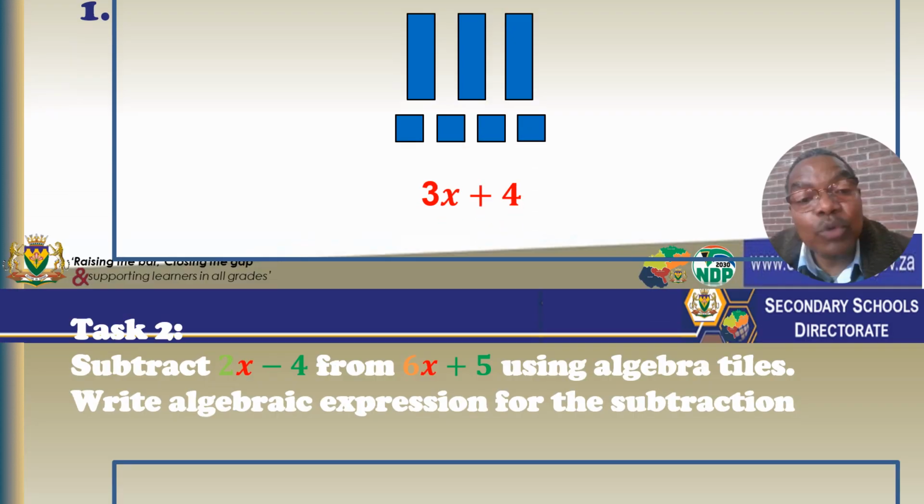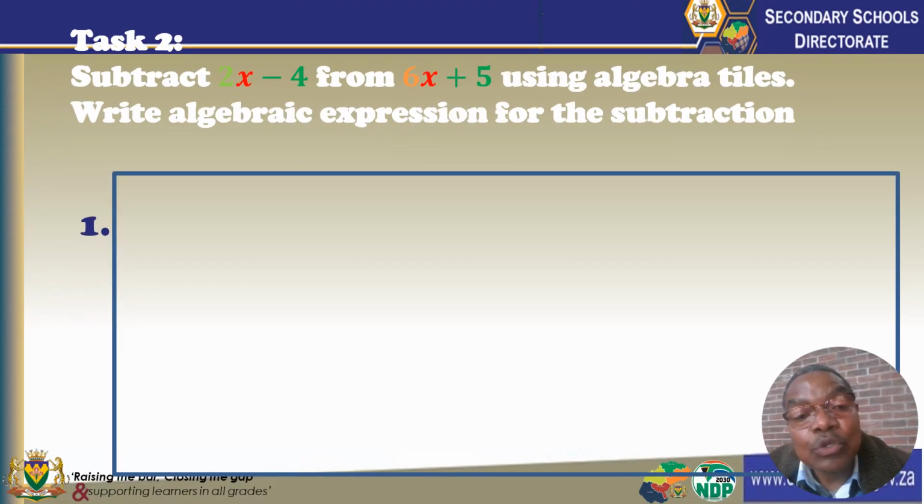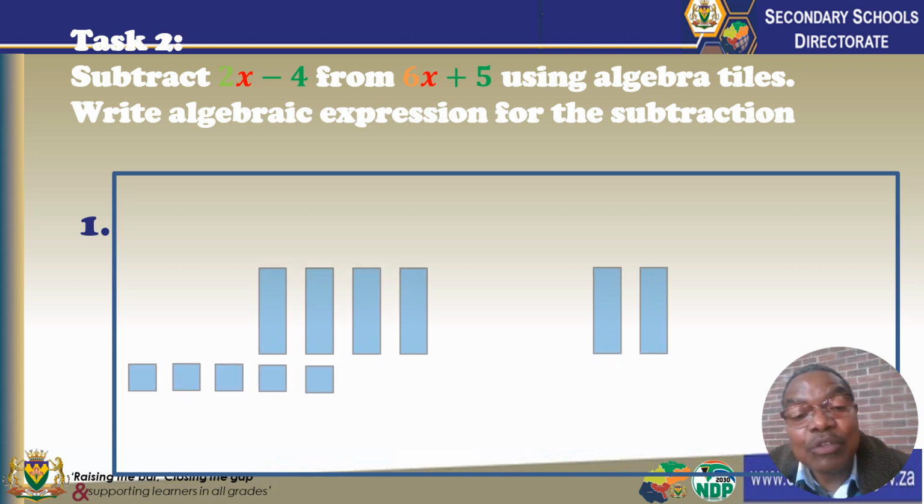So let's look at the activity. Subtract 2x minus 4 from 6x plus 5 using algebraic tiles. Remember, first we must represent 2x minus 4 in terms of algebraic tiles, and also represent 6x plus 5 in terms of algebraic tiles. So this is what we have.